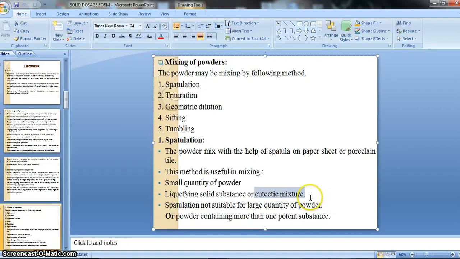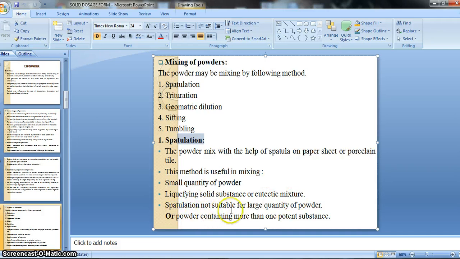I already discussed it in our previous lecture. So for such substances, for the mixing purpose, the spatulation method is adopted.